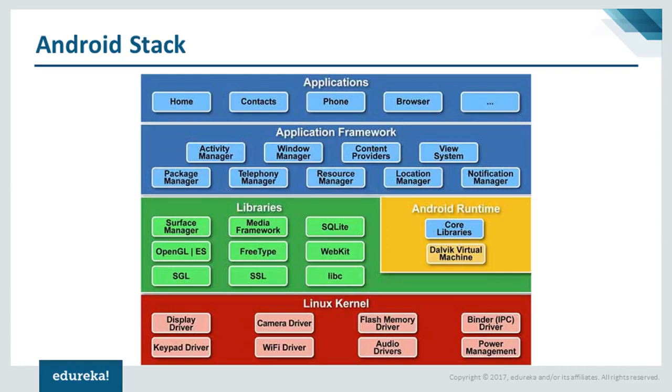Now when you come to the library, as I told you, you will be interested in where exactly the Java works and where exactly the C++ comes into the picture, because many of you will be staunch C++ developers. You still want to be on Android, but you'd love to write everything using C and C++.